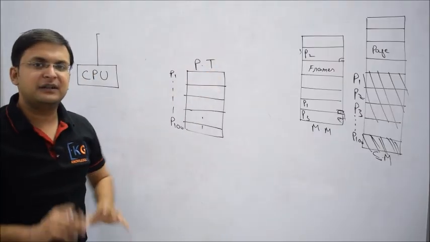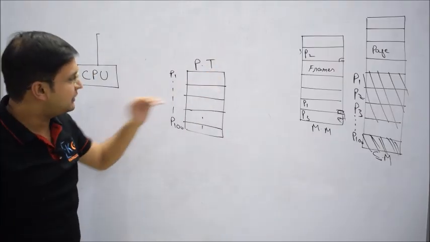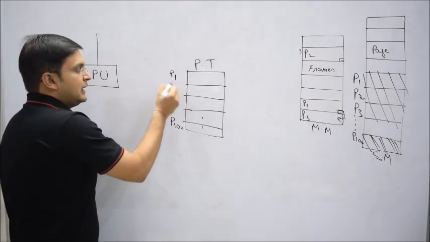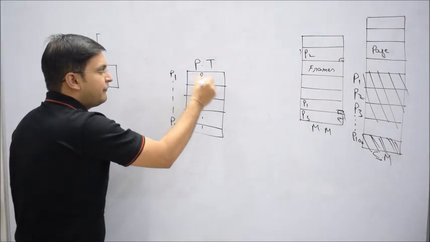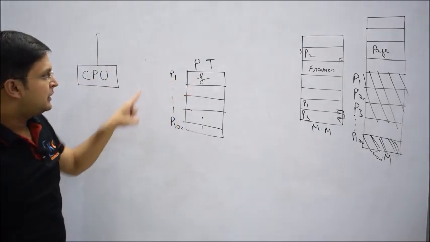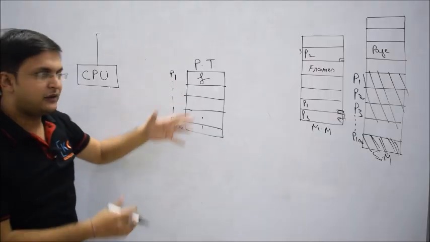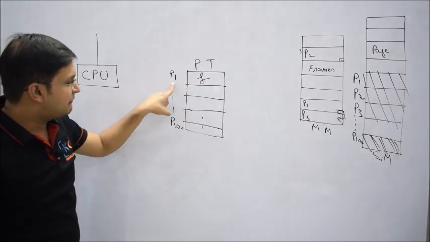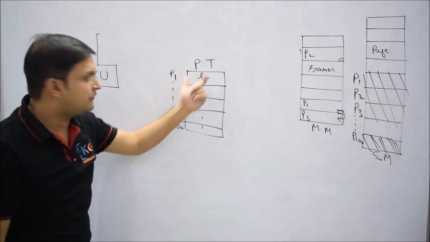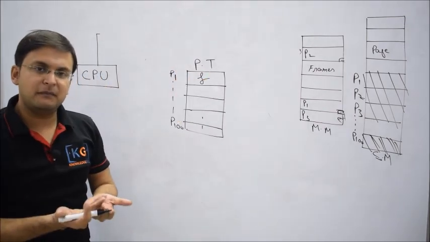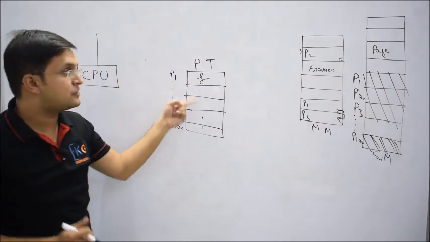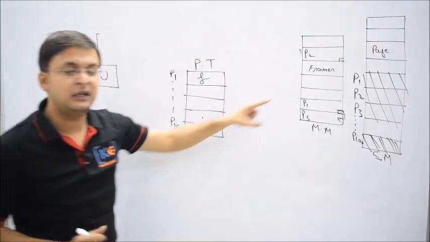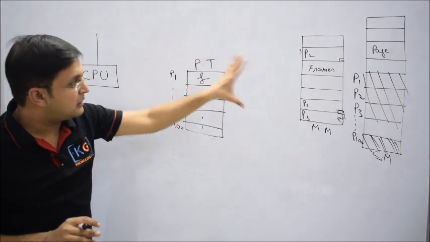This page table is nothing but the index, and it will contain, for each page number, a frame number. It says that for the process to which this page table belongs, page number 1 is held in that specific frame number. I'm saying frame number, but actually it is the base address of that frame in the main memory where that page is currently stored.